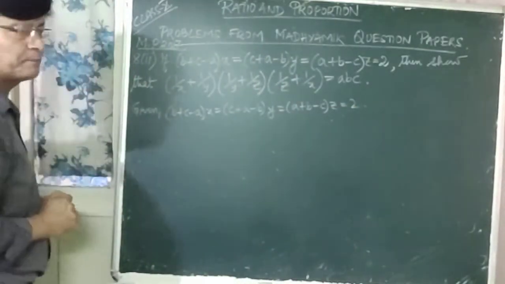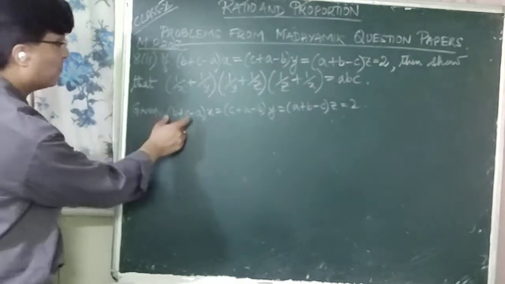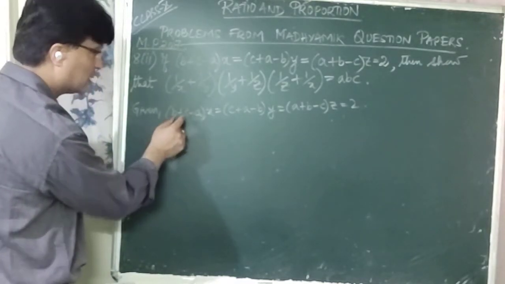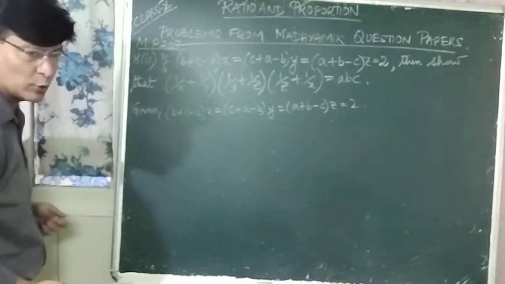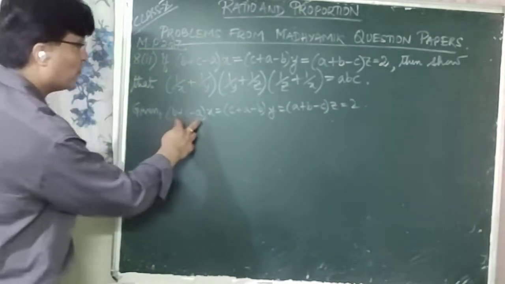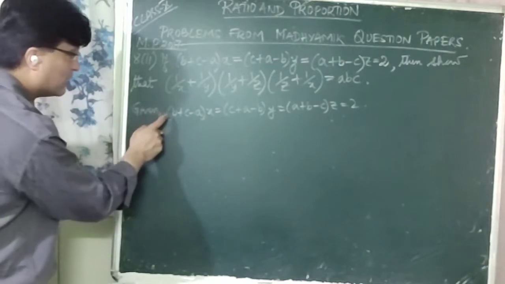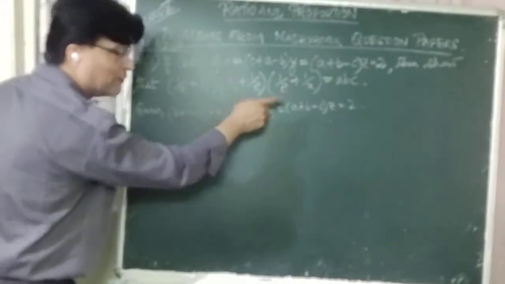So equating first and last, we can get the value for b plus c minus a. So (b plus c minus a) x is equal to the last part, that is 2. So if you equate first with last, we can get the value for b plus c minus a in terms of 2 upon x, isn't it?